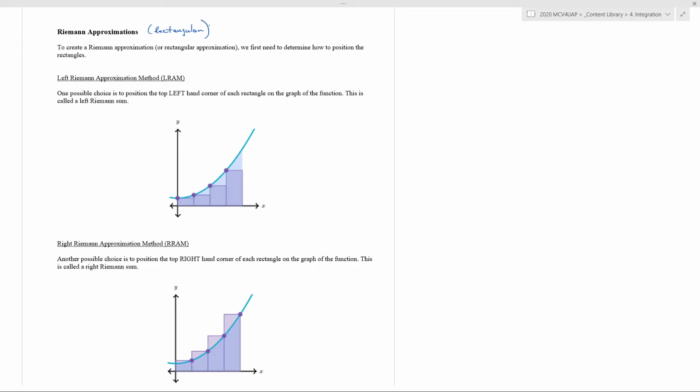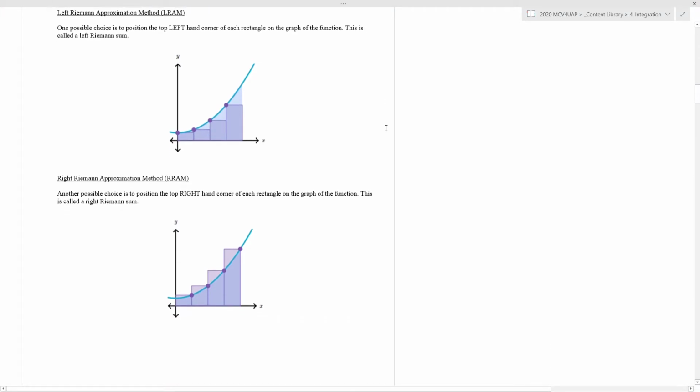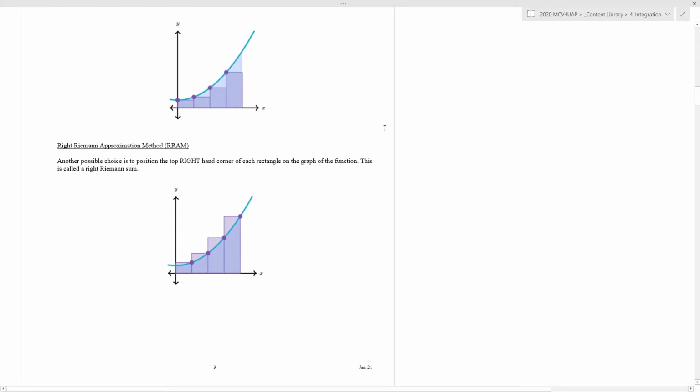You can see from that first picture there, each rectangle's top left-hand corner is on the graph. Now, a right Riemann approximation would place the top right-hand corner on the graph. You can see in the second picture there, each rectangle has its top right-hand corner on the graph, and that is what forms the height of each rectangle.